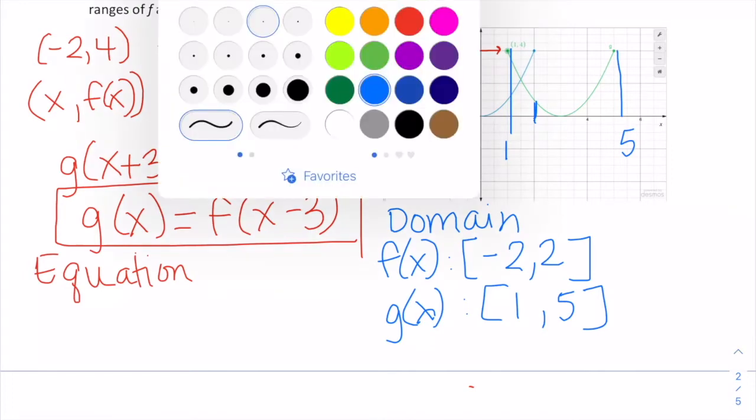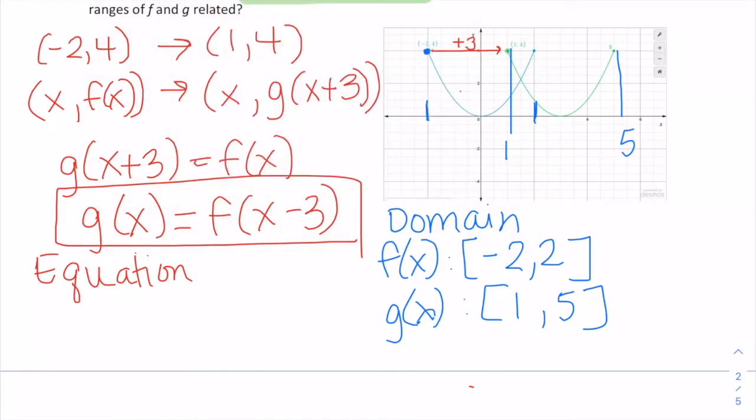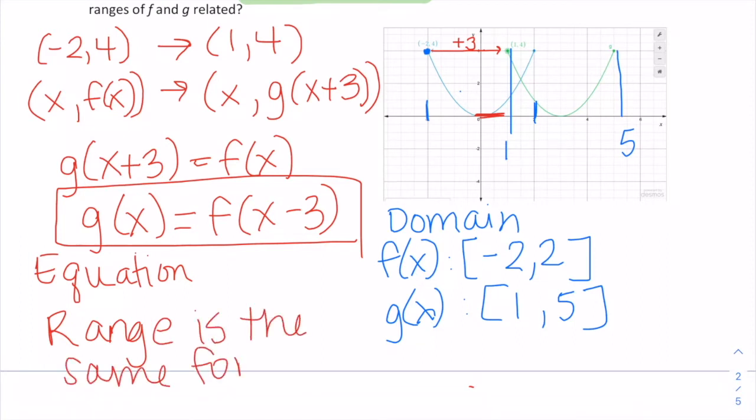Now the range on this one does not change. So all the graphs are between 0 and 4. So the range is going to stay the same, and we'll say from 0 to 4.